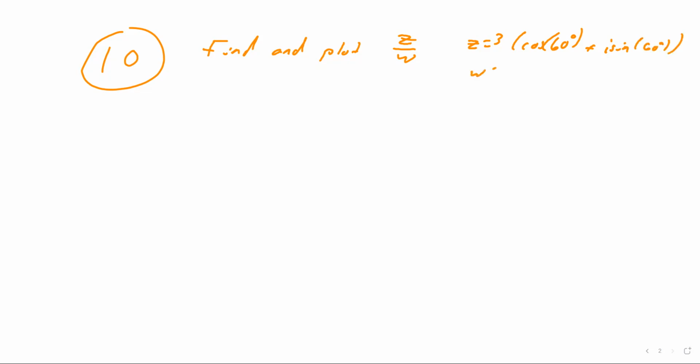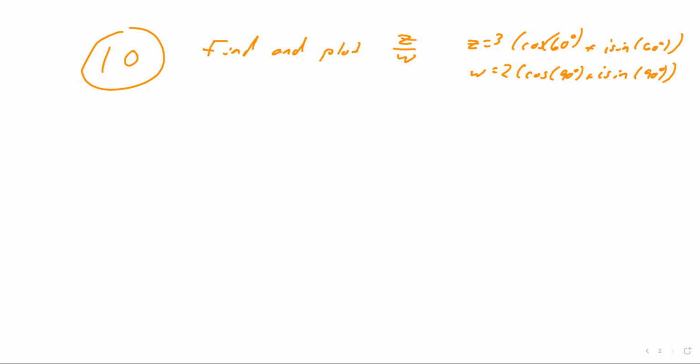And then W was 2 cosine of 90 degrees plus i sine of 90 degrees. If it gives it to you in rectangular form, that's great. If it gives it to you in polar form, you just need to turn it into rectangular form.